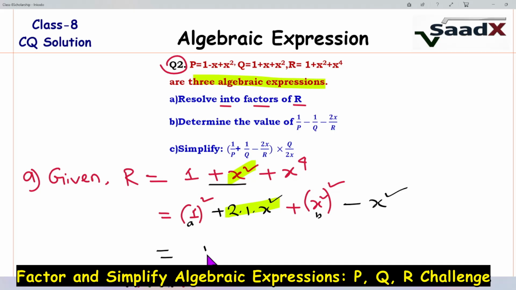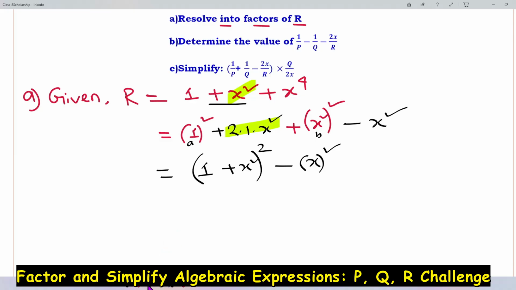Now we can write here is a, 1 plus x square whole square, and here is minus this one, we can write x square. Now look, what is it looking like? A square minus b square.